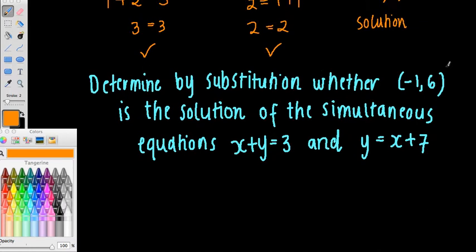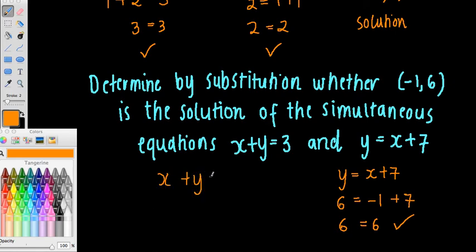This question, however, let's have a look. -1 and 6 are our x and y values. Let's have a go with this one first. y is equal to x plus 7. Okay, well 6 is equal to -1 plus 7. That works.